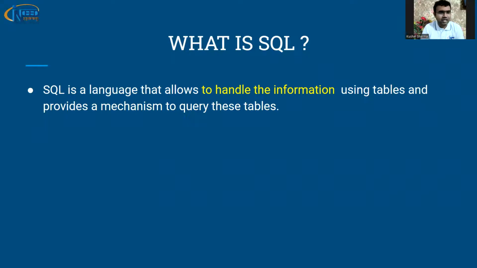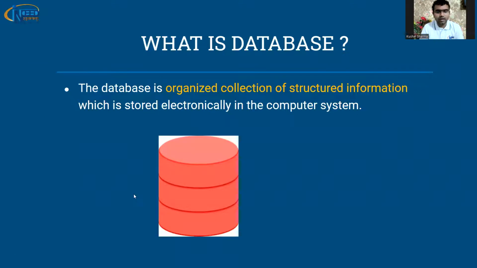Tables, you can see that they are rows and columns. And now this SQL also provides us a mechanism to query these tables. So what is SQL? It is a language basically to help us store and retrieve the information from a structured manner.